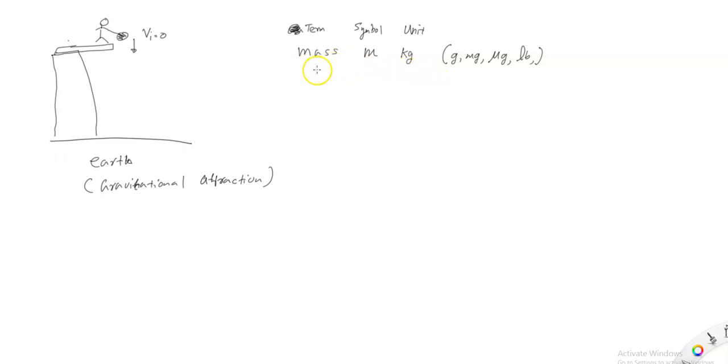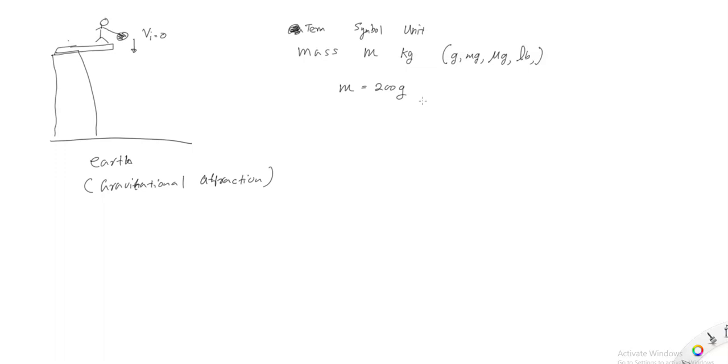let's say this tennis ball has a mass of m equals 200 grams. So this mass is being pulled by gravity underneath. It's being pulled towards the Earth. That pulling force creates a force on the tennis ball.